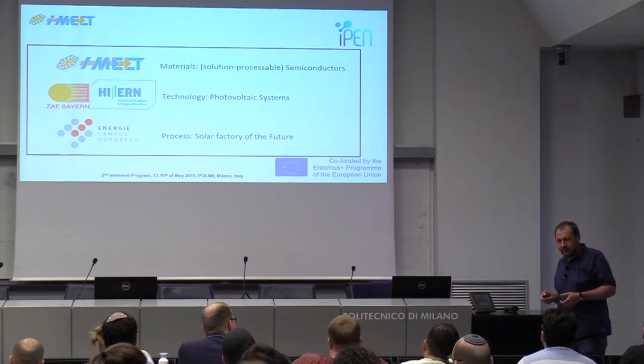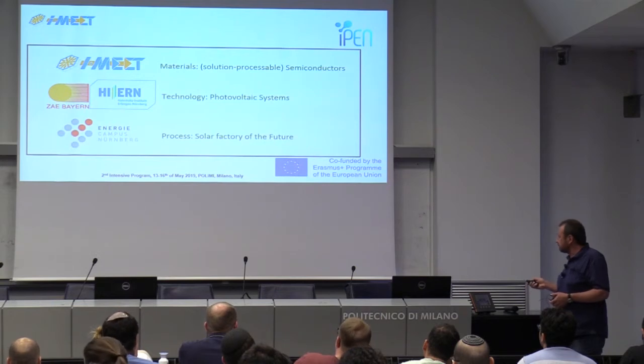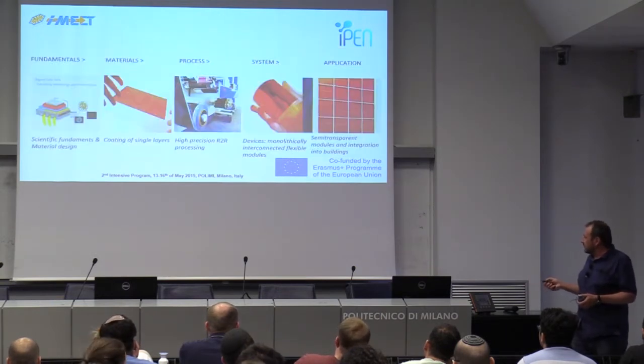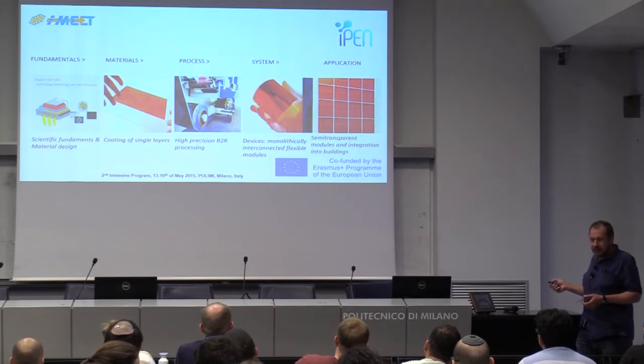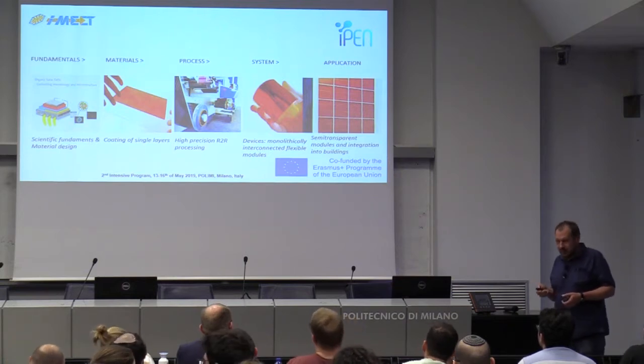And these other institutes are more involved in upscaling the production and also moving the materials to production, and also taking care of really high throughput production, and also developing a concept how to integrate the solar cells into real world up to smart grids.